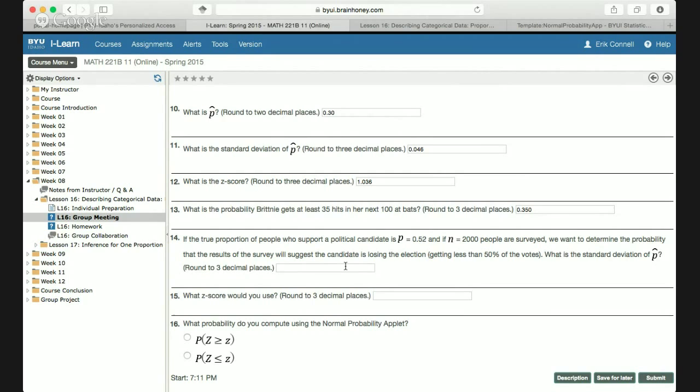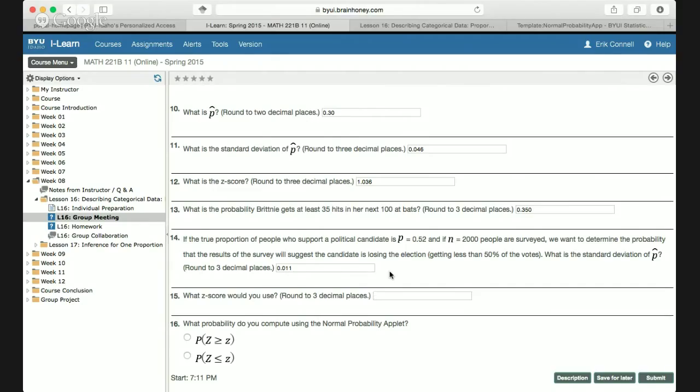Our standard deviation is 0.011. And you just plugged in 0.52 and 2,000 into the equation, the square root of p(1 minus p) divided by n. Perfect.